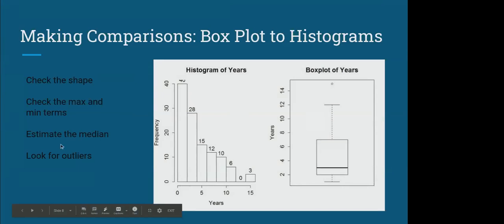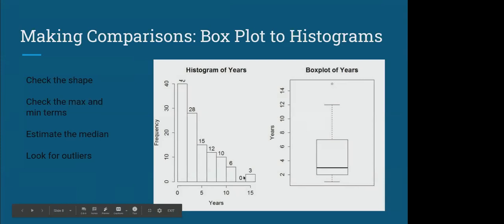And then look for outliers. The outliers are anything that is not connected to the main body of the data. So here, our main body of data goes from 0 to 12.